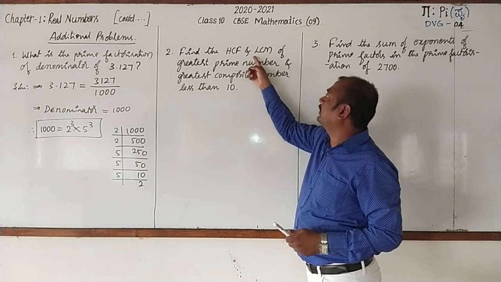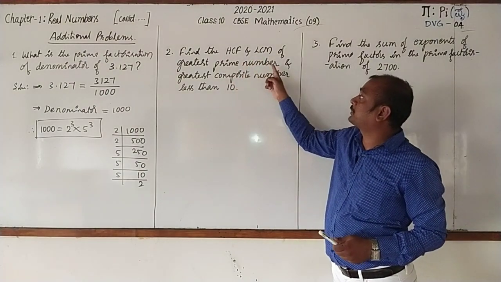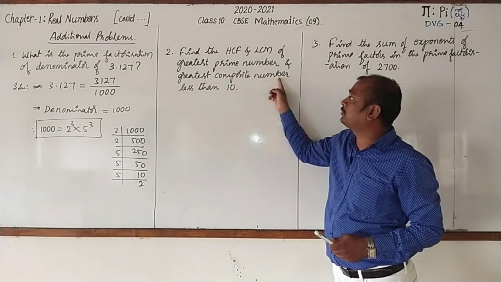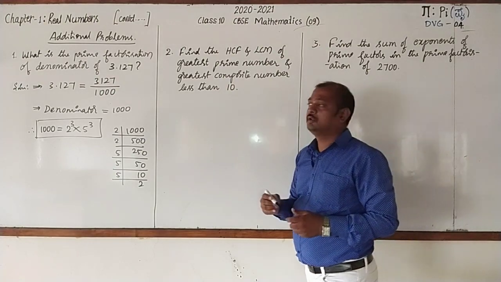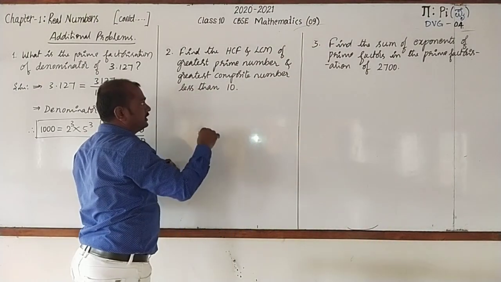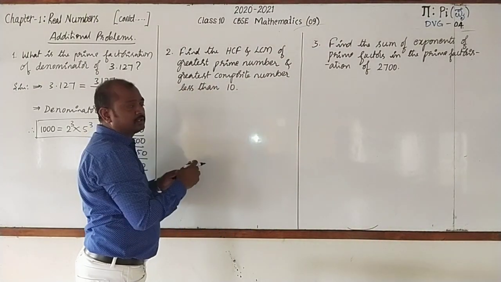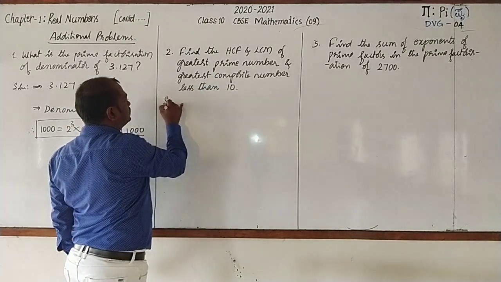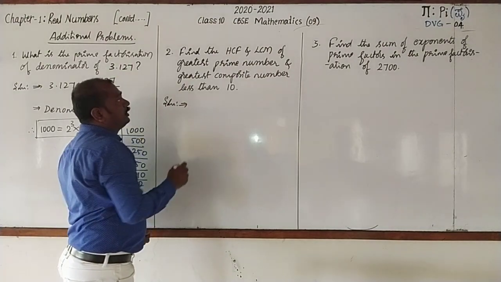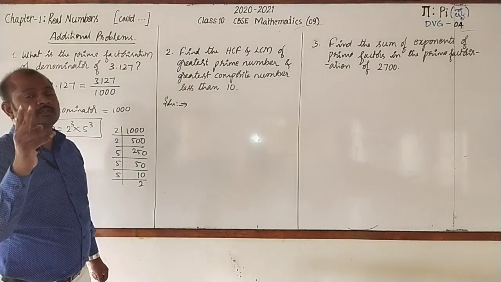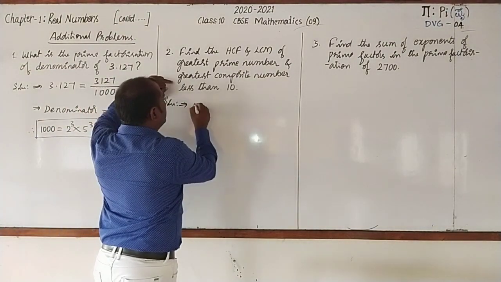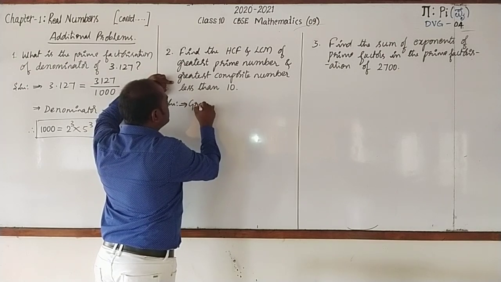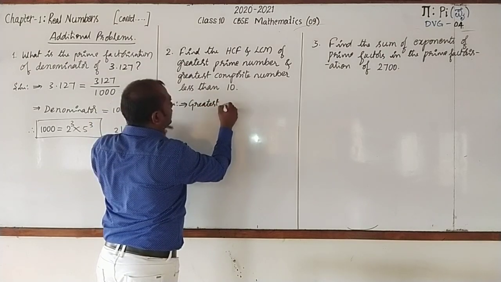Find the HCF and LCM of the greatest prime number and the greatest composite number less than 10. Their HCF and LCM should be found out. Here I write: a prime number is a number that has 2 factors only. Which is the greatest prime number less than 10?